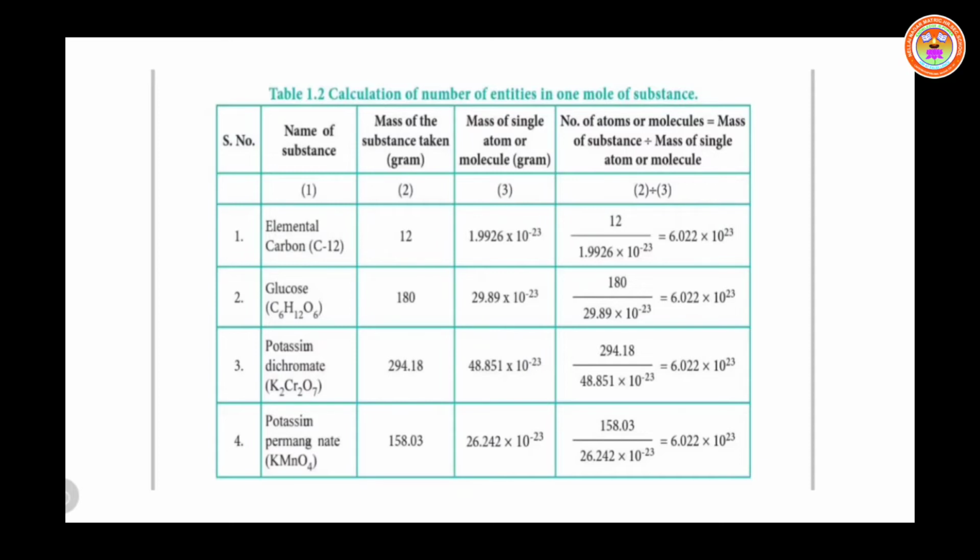Here elementary particles can be molecules, atoms, ions, electrons or any other specified particles. So whenever we are calculating mole, we must specify the nature of the particles, that is whether the particle is an atom, molecule or ion.